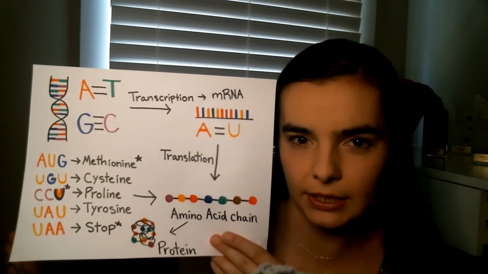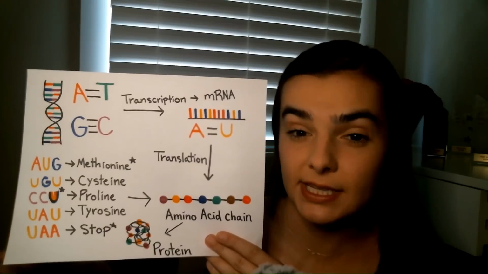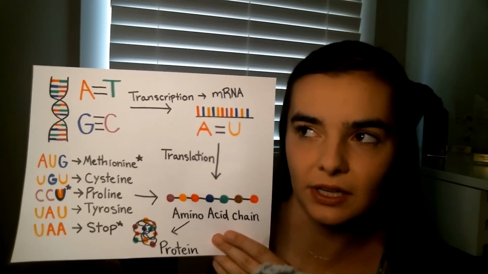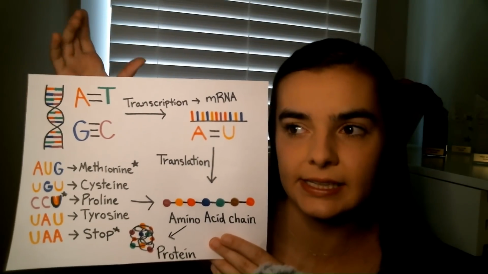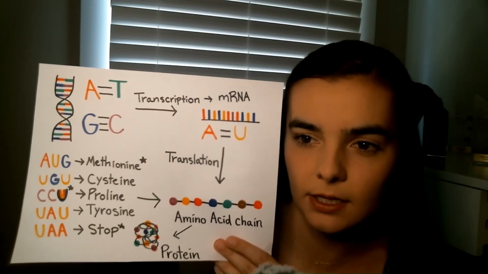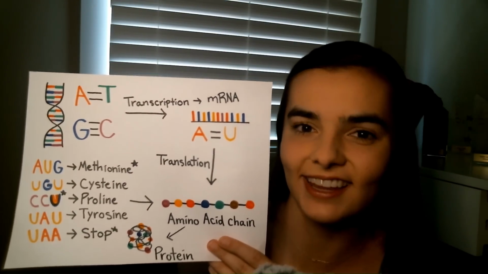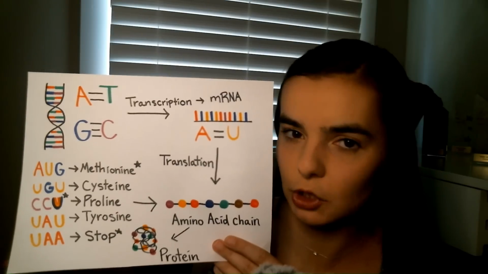That will come in later, but basically there are 64 different ways that you can arrange the 4 nucleotides in sets of 3. 64 ways, but there are only 20 amino acids. So if you do the math, a lot of amino acids need to be coded for by multiple codons.